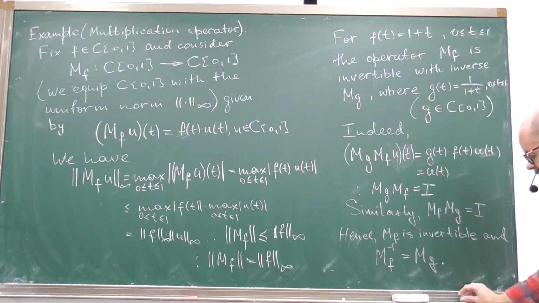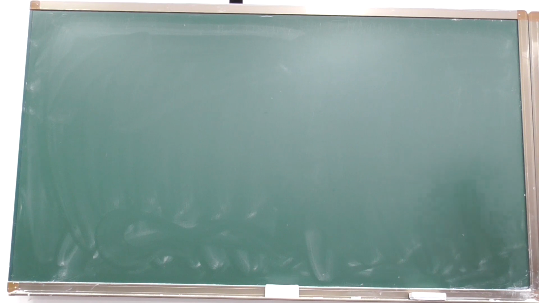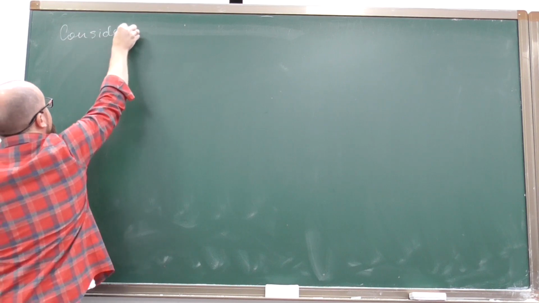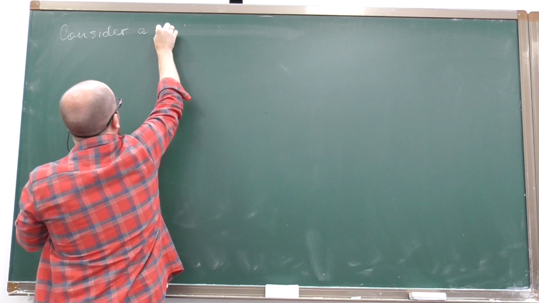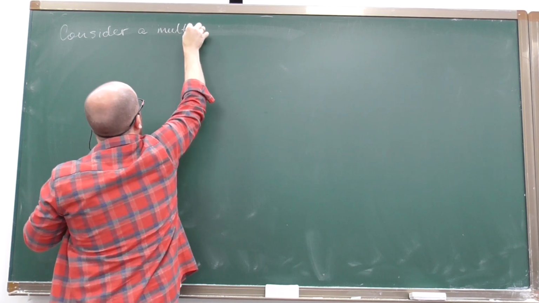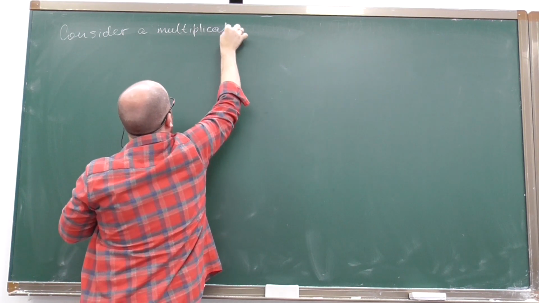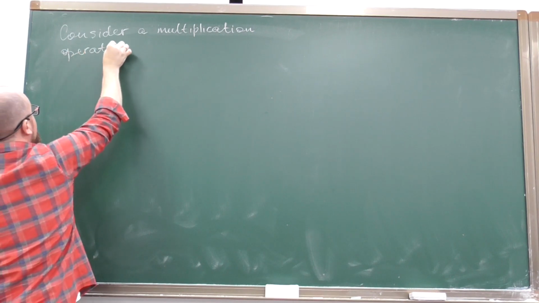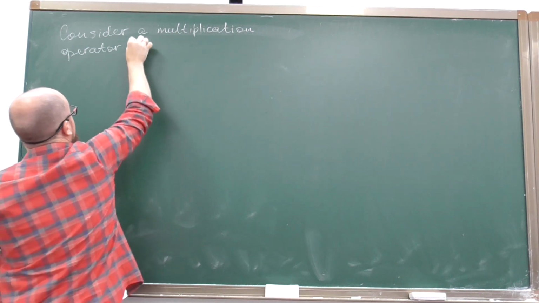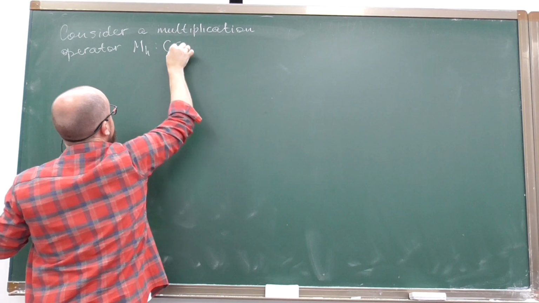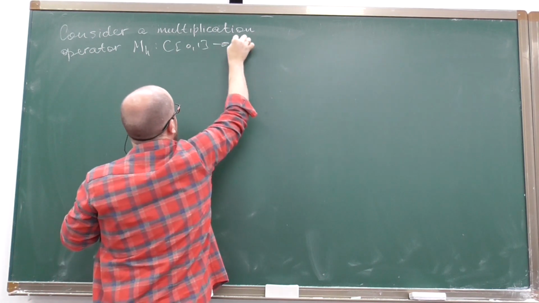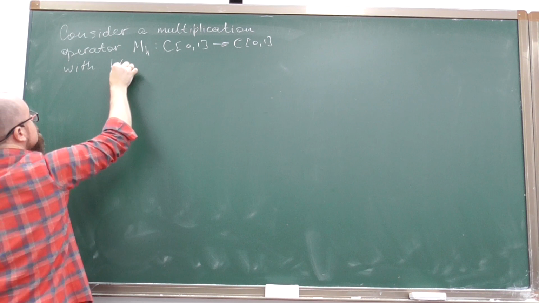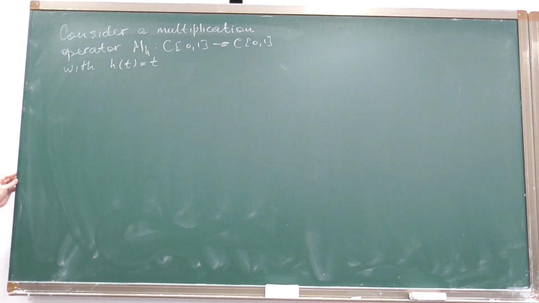Let's consider one more example. So let us consider another multiplication operator, M sub h, still on the same space, with the function h being equal to t.